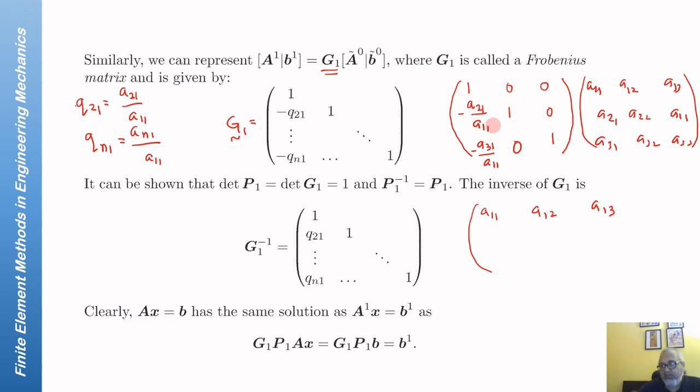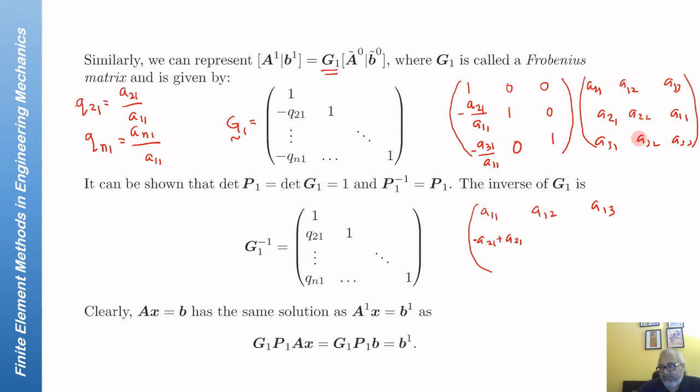The second one will give you, this one will multiply with a11, so it will give you minus a21, and this one will multiply with a21, so this will give you plus a21, and then you have a 0 that gives you nothing.